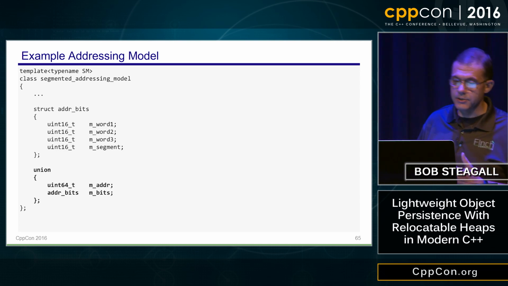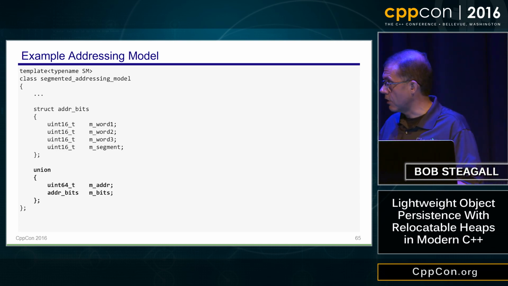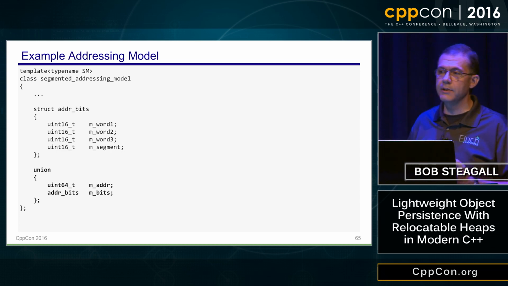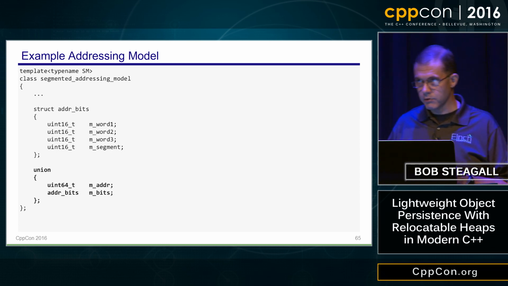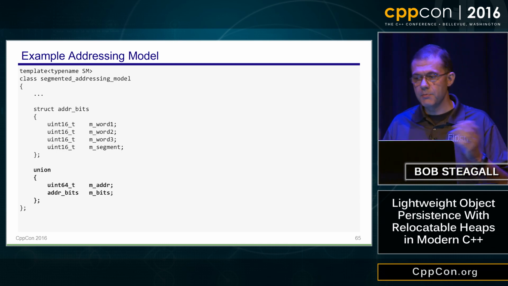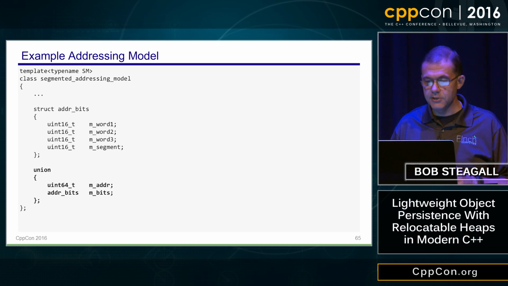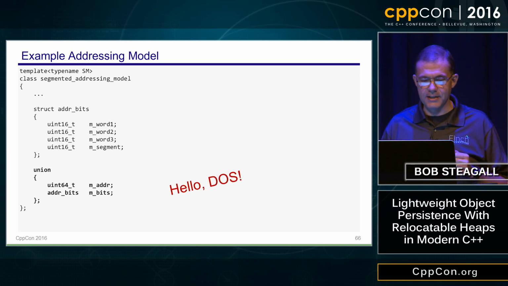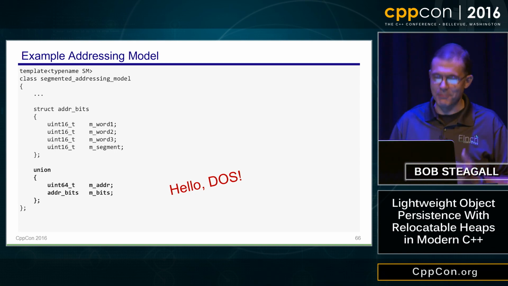The idea here is that the upper 16 bits, which are called m segment, will represent the segment ID, and the lower 48 bits will represent the offset into a segment, which means I'm going to have to do a little bit of bit twiddling to compute an address. And this is good old segment offset addressing, if any of you are old enough to remember this.